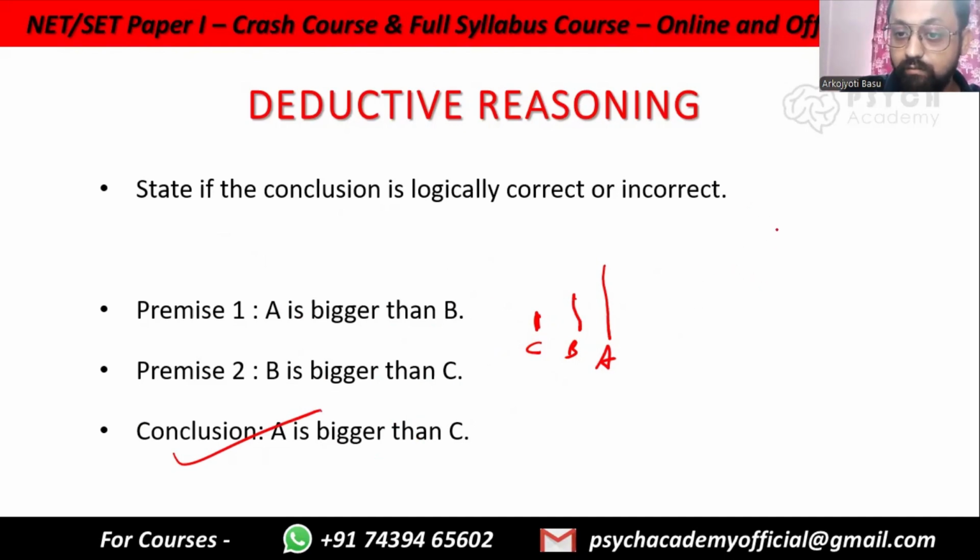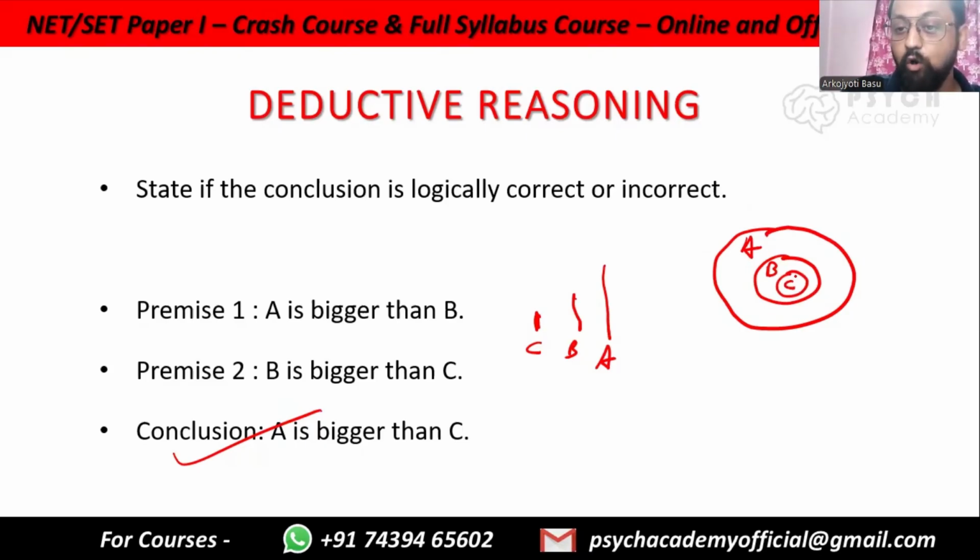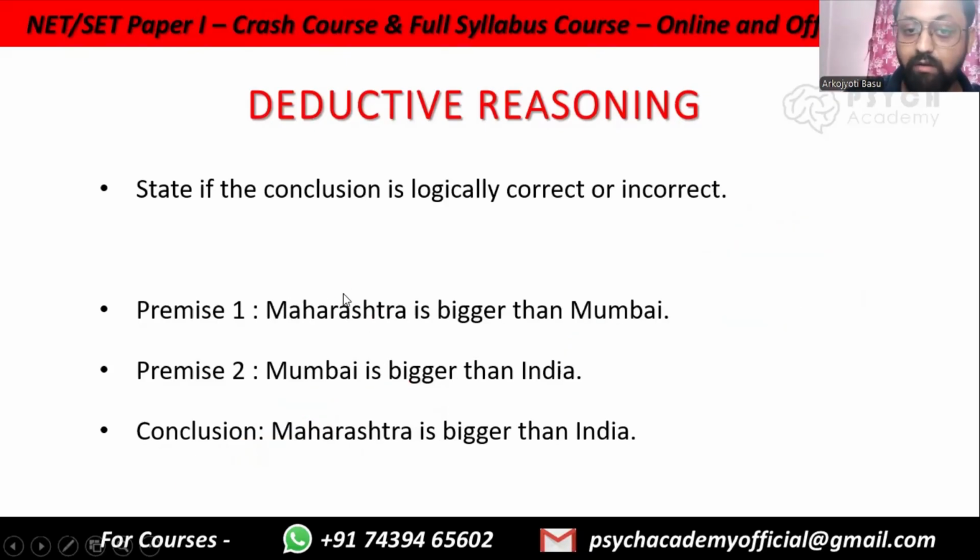That is, A is bigger than B and B is bigger than C, which automatically means A is bigger than C. So this is correct logically. We are getting the conclusion. But you see, it has followed the same format. Maharashtra is bigger than Mumbai.